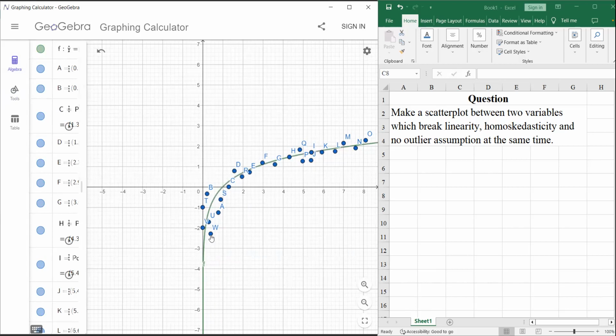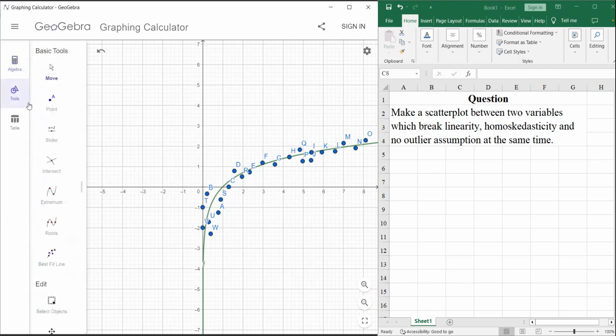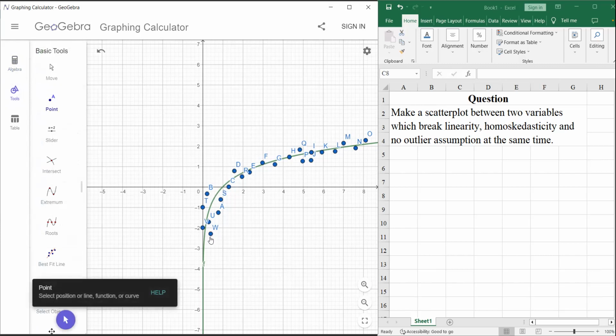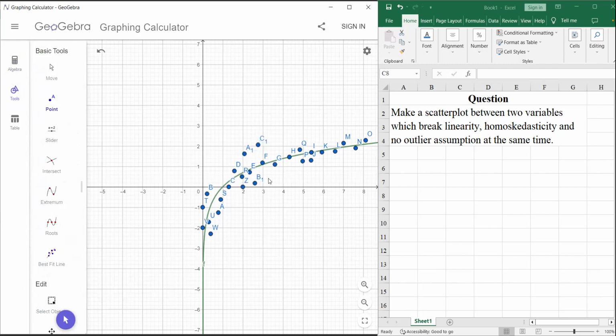Homoscedasticity means that the variance for any given x is constant throughout the scatter plot. For all values of x, the variance is constant. Now, let's assume for lower values of x, the variance we have is small, like this, but as the value of x increases, the variance increases.